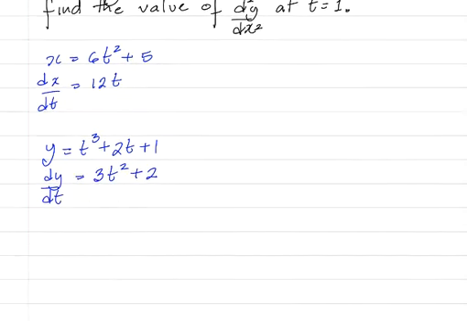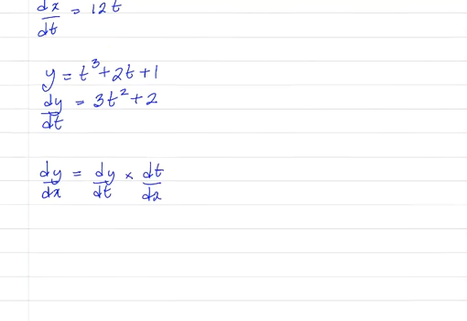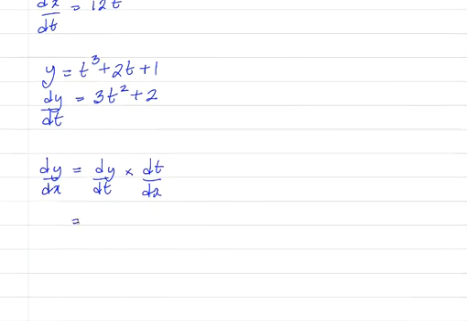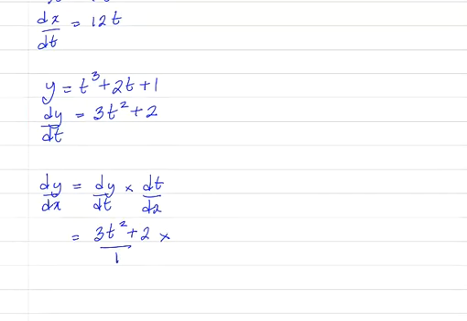Alright, now dy by dx, which is the gradient of the tangent to the curve, is equal to dy by dt multiplied by dt by dx. In other words, dy by dx is equal to 3t squared plus 2 over 1 multiplied by the reciprocal of dx by dt.